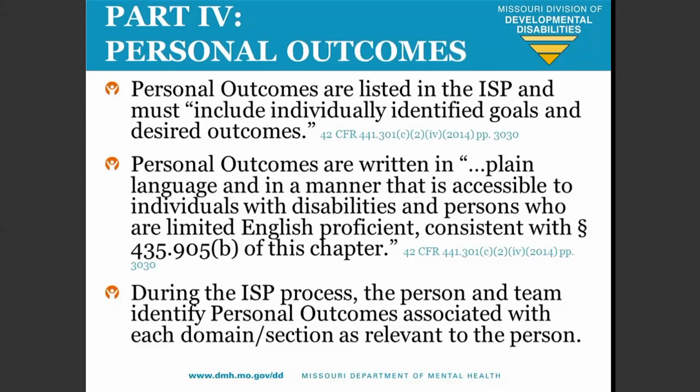The person and their team may identify personal outcomes related to these specific domains. Personal outcomes include what the person is interested in trying, learning, doing, or achieving over the next year. Personal outcomes are not required for each Missouri Quality Outcome Life Domain.